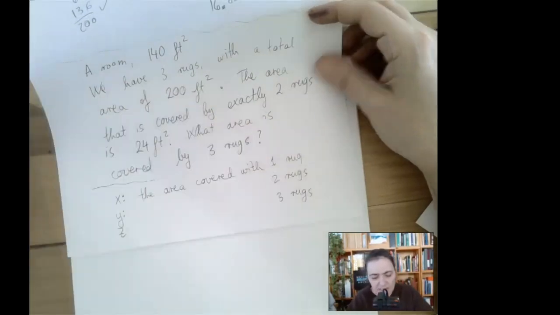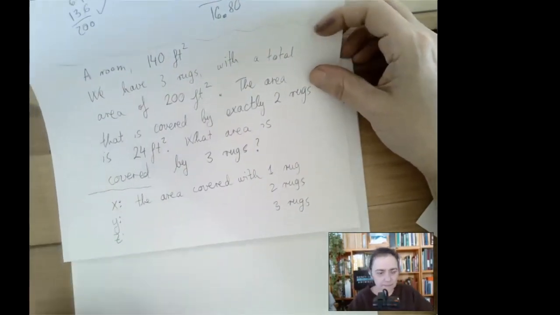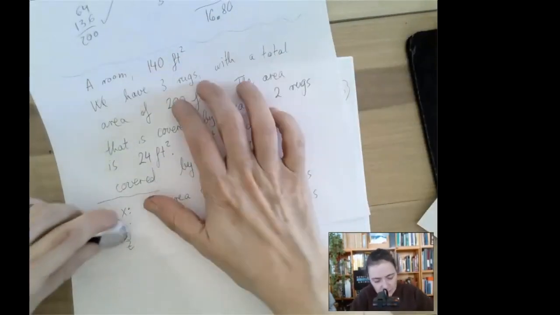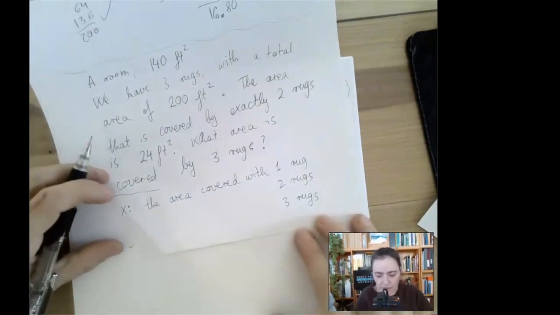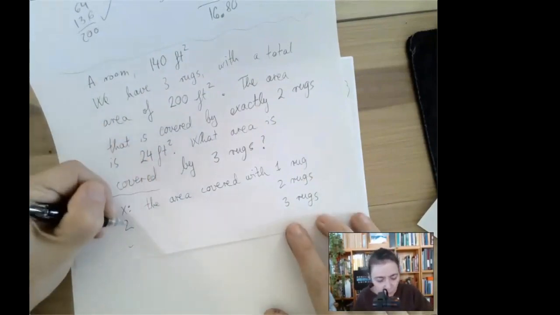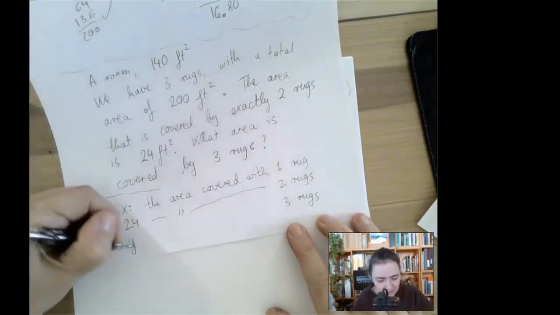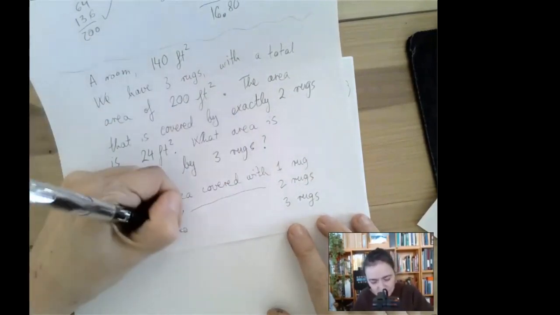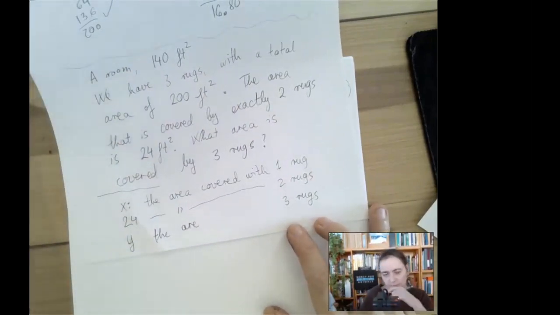But that's not going to be necessary because Y is given to be 24 square feet, right? So it's really going to be, X is going to express the area covered with 1 rug, 24 is the area covered with 2 rugs, and then Y is going to be the area. Actually, I went with A, B, and C. That's another very natural system notation.